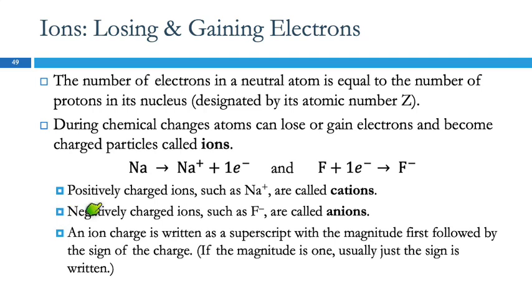If it has a positive charge, it's a cation. If it's a negative charge, it's an anion. And we need to remember those. So cations are positive, anions are negative.